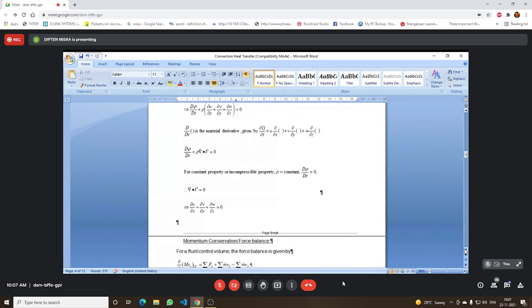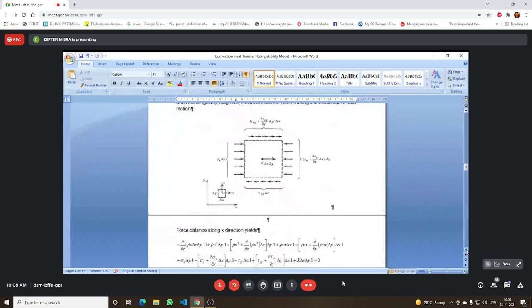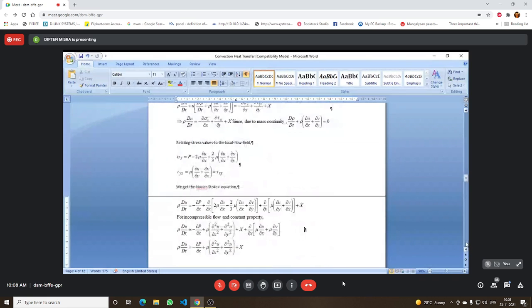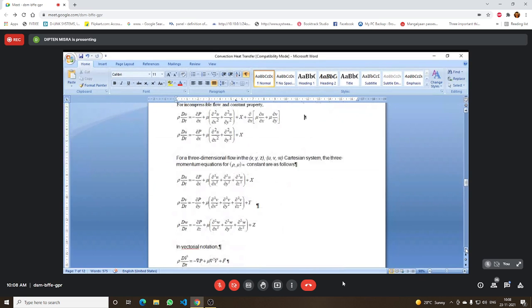And again, if we come to the momentum equation, it does not involve presence of temperature directly. Though here also that y direction body force term may involve a temperature term because of this body force in a density driven flow.